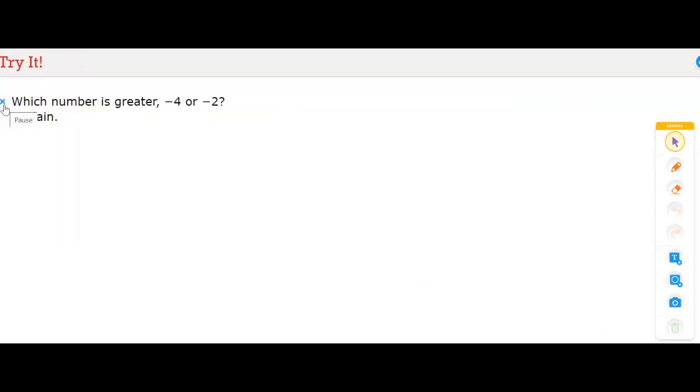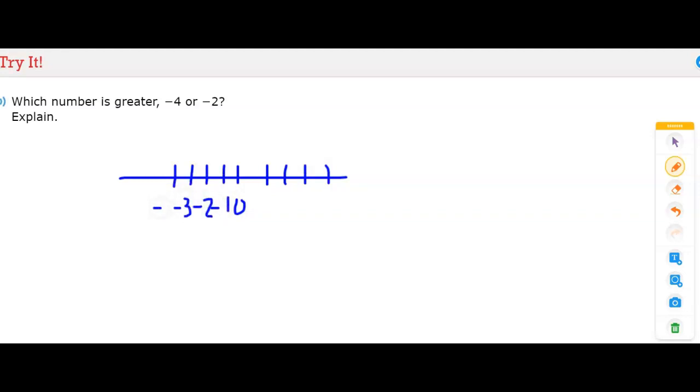Which number is greater? Negative 4 or negative 2? Explain. If we were to draw a number line, that would be the best way to explain this answer. We have 0, and then a couple of lines on either side. We would have -1, -2, -3, -4, and then 1, 2, 3, and 4.